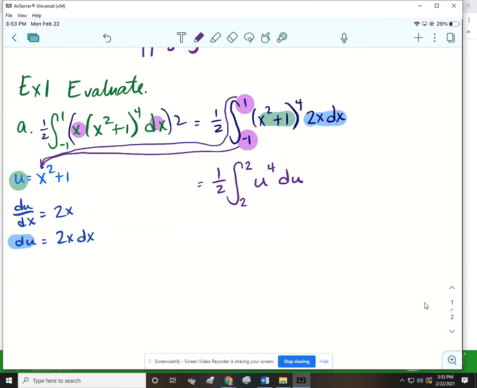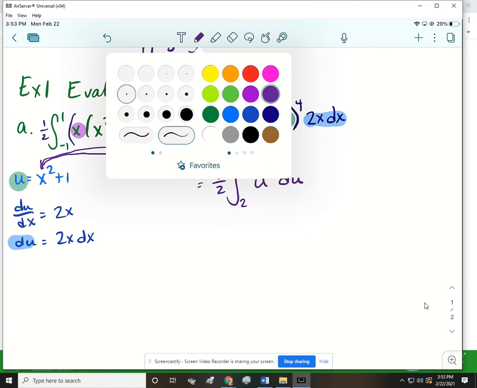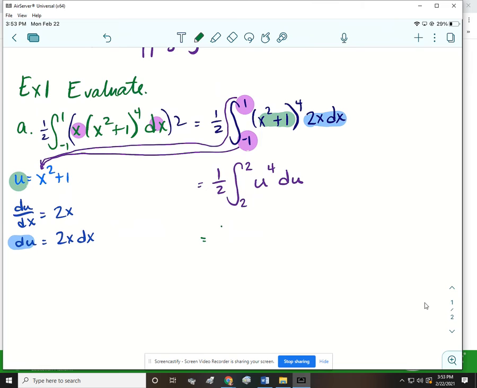Okay, so now we're ready to find the antiderivative. All right. Well, actually, in this case, we don't have to, now that I look at it a little closer.